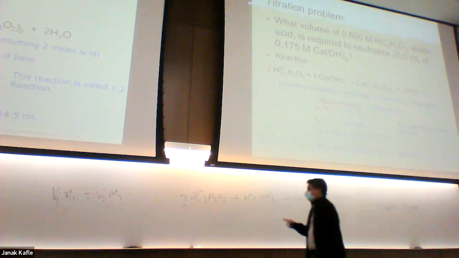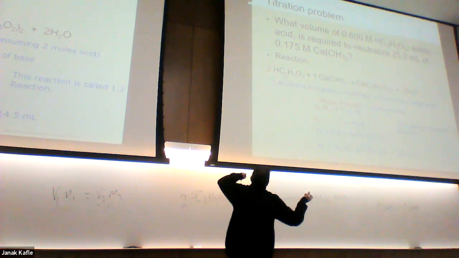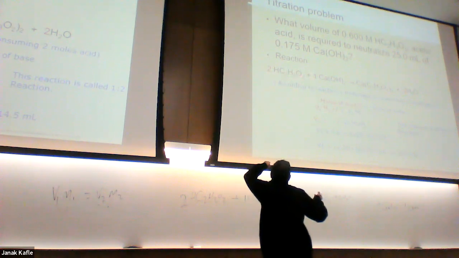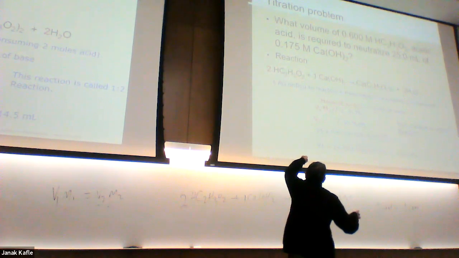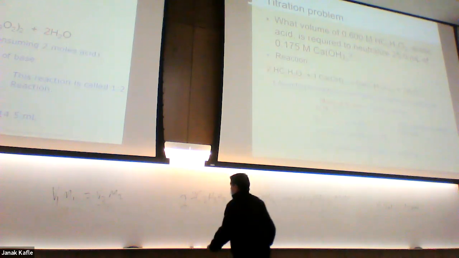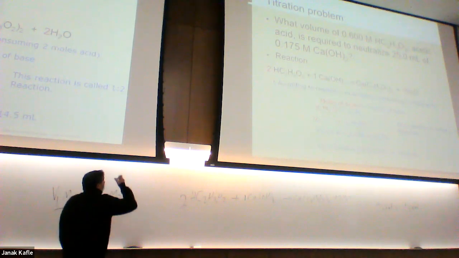So if this is V1 M1, V1 M1 is an acid. So this guy is the weak guy, and this guy is the strong guy, Ca(OH)2.